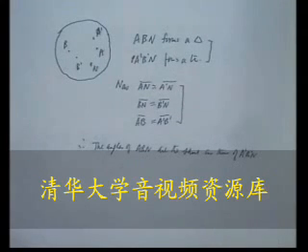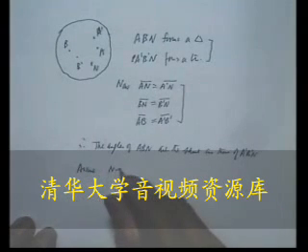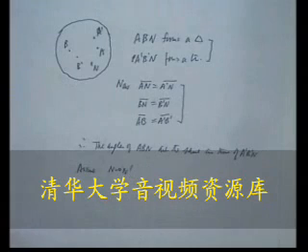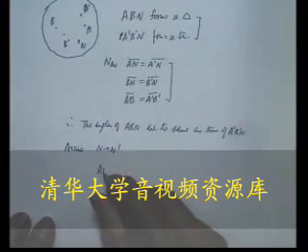Now, assume N is also a point on the sphere. So in the motion, it goes to a new point, and let's call it M prime. I now want to prove M prime has to be equal to N. That means that point is not moved. Is ABN moved to A prime, B prime, M prime?